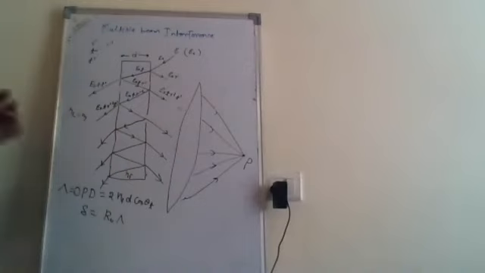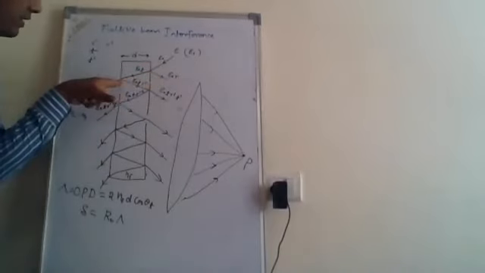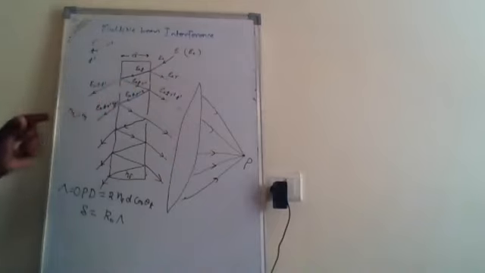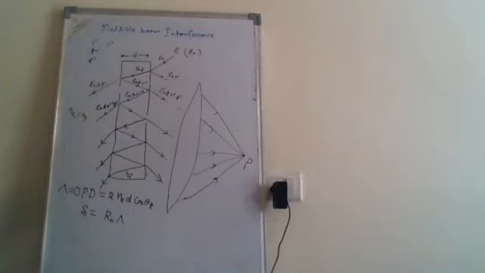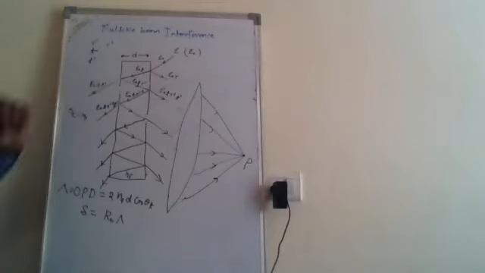So we also know that the light which is reflected from the front surface and the light reflecting from the bottom surface of this thin film will have an extra pi phase difference, because there will be a pi phase difference when the light is reflected from this surface compared to this surface.